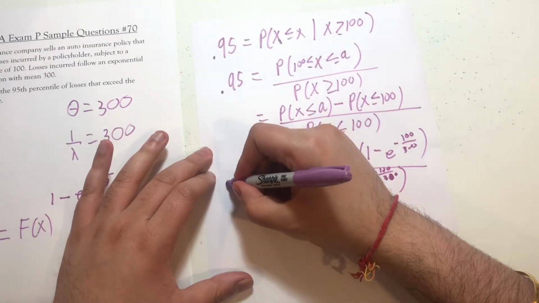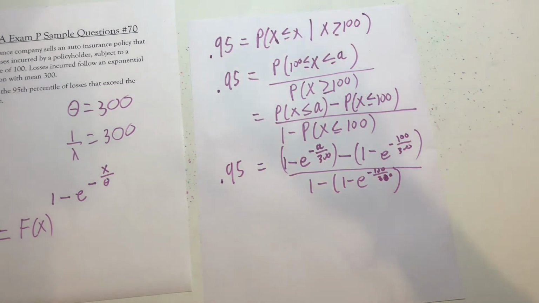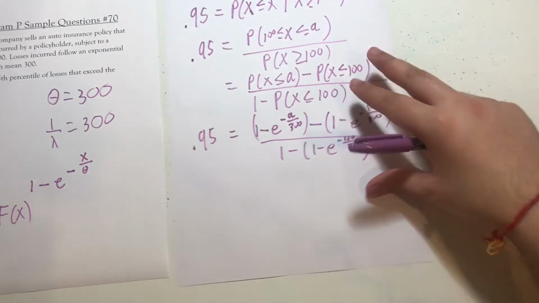And that should all be equal to 0.95. Once you have this figured out, this is an algebra question. We've got to find what a is. Simple as that. So let's go about doing that.